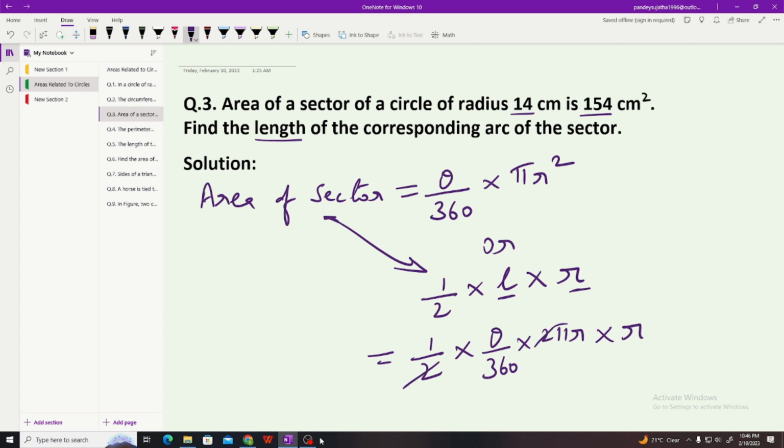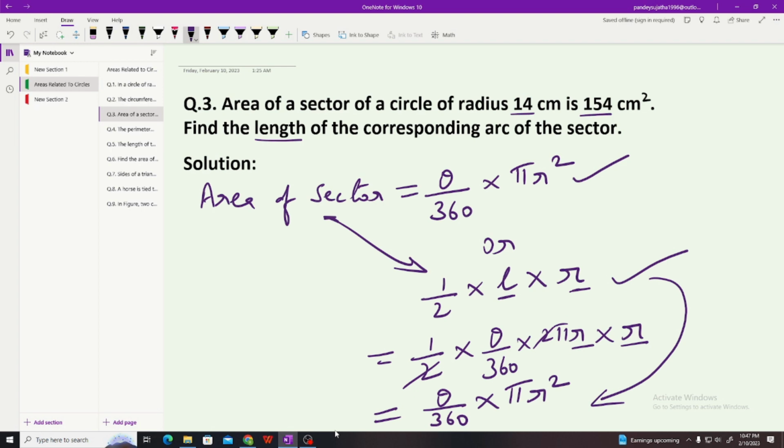Just see, 2 and 2 gets cancelled. Now what we are left with? Theta upon 360 into pi r into r is r square. Just check. This formula and this formula both are same.